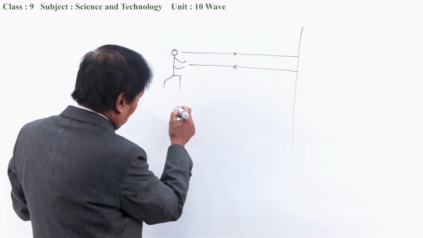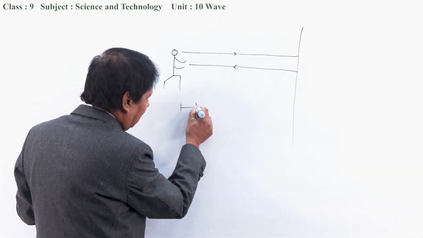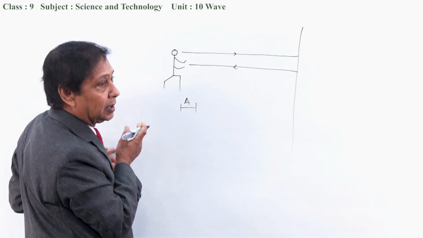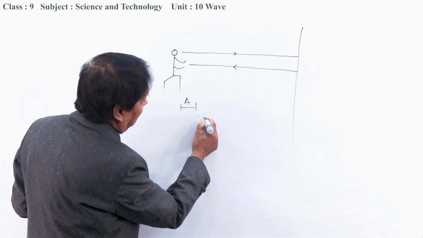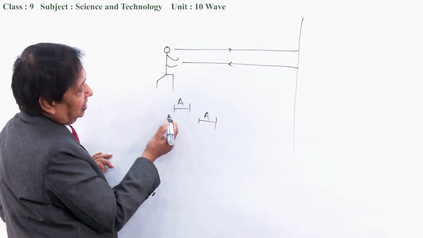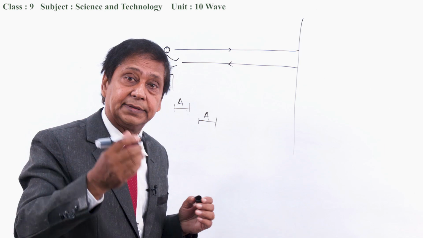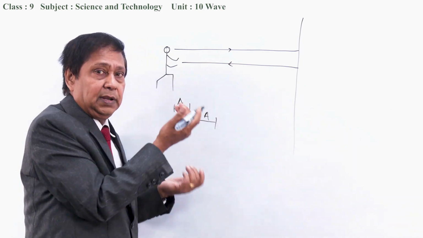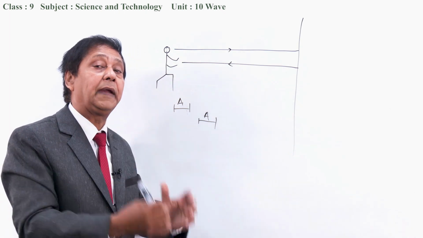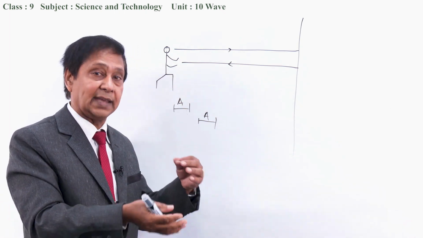So once A is heard, the original sound, and if the reflected sound comes to my ear after the effect of the previous sound is finished, then the same A can be heard twice. Now the reflected sound again gives the impression of A, and that's why A can be heard a second time.